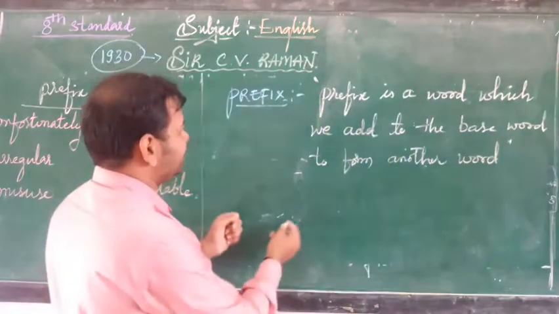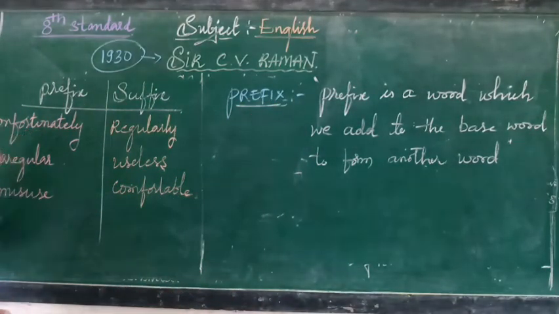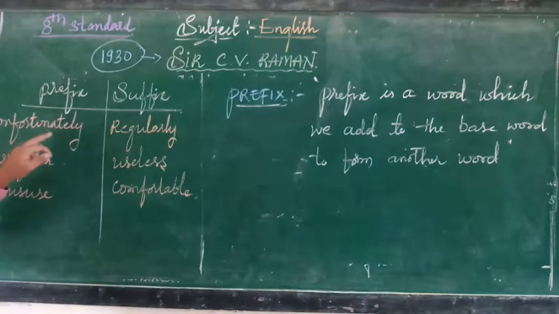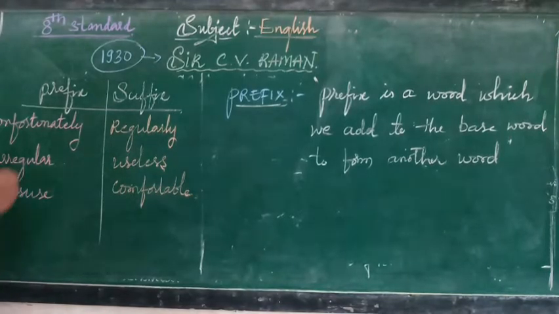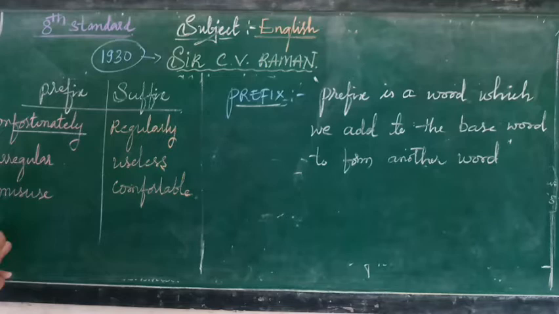For example, here are some prefix examples. See, unfortunately. Fortunately is considered as the base word, and the word un is considered as the prefix.